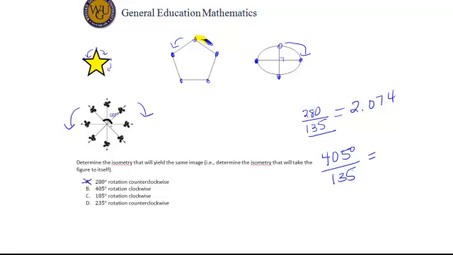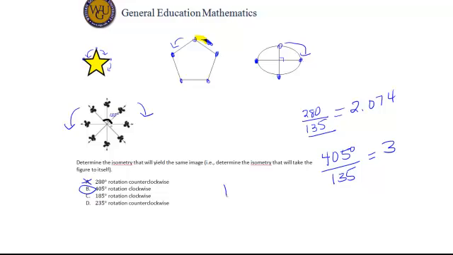And 405 divided by 135, well, that is just 3. So this works. With a 405-degree rotation, the image maps onto itself. So that would be our answer.